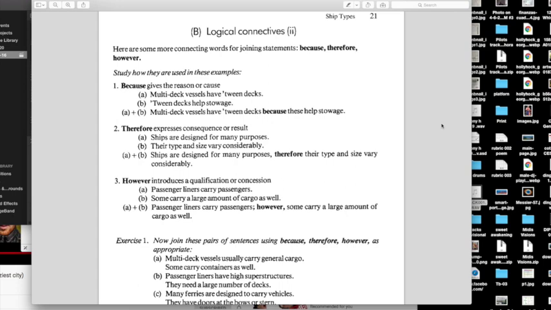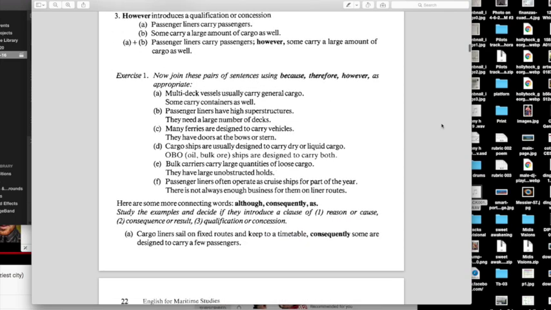If it's to express a consequence, you use therefore, and however is for contrast, and also to express or introduce qualification or concession. Consequently is a synonym of therefore, but although it's not the same as because, and as is not the same as however. However could be like "sin embargo," and as in this case could be "debido a."